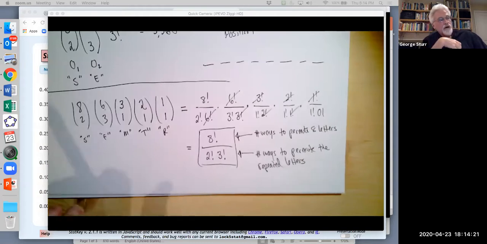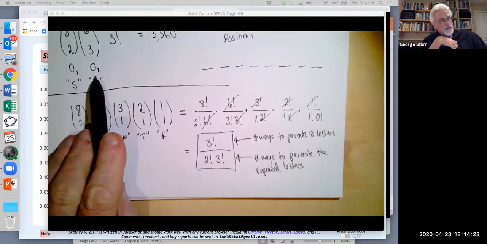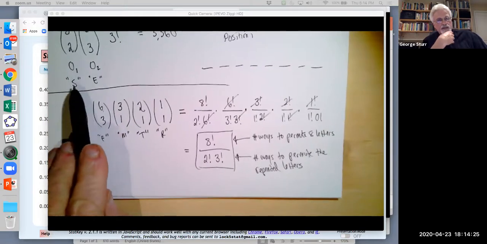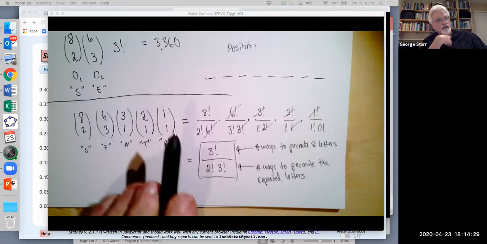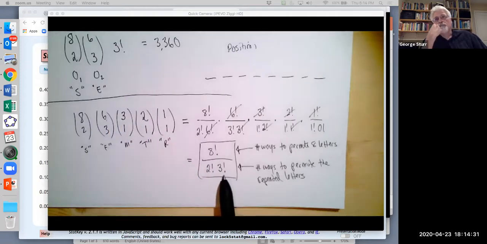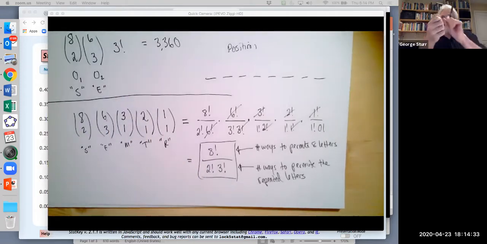I have an S that repeated 2 times, and I had E that repeated 3 times. The number of ways the E's can be rearranged is 3 factorial. The number of ways for the S to be rearranged, 2 factorial. And I'm just dividing out. So it's actually a cleaner, intuitive way to think about the problem.